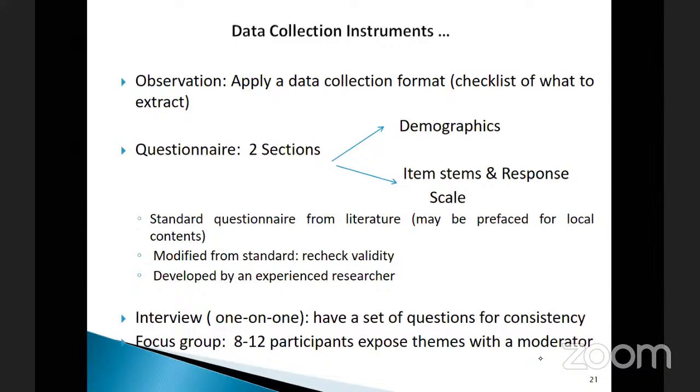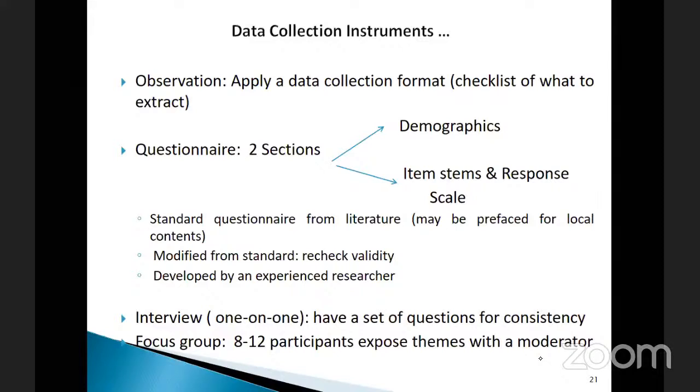For instance, if they say junk food, we don't call it junk food here. Maybe we say snacks. So if the original questionnaire says junk food, you put in brackets snacks, so that the people here who are responding to it will understand what you mean. That is what I mean by prefacing of a questionnaire.